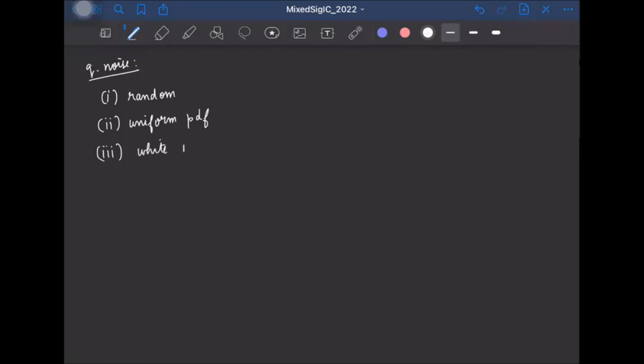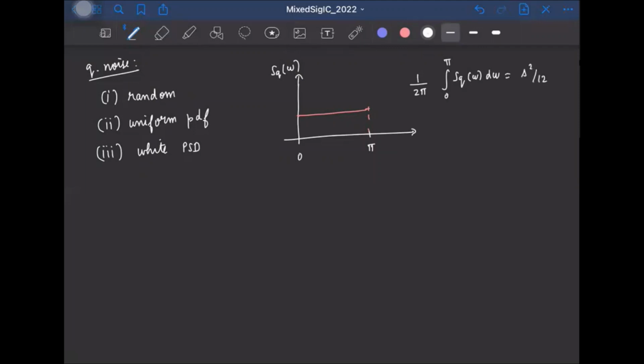That is, it has a flat power spectral density. So if we look at the power spectral density from 0 to pi, this is SQ of omega, it's going to be flat. And we know that 1 by 2 pi times the area under this power spectral density is equal to delta squared by 12.